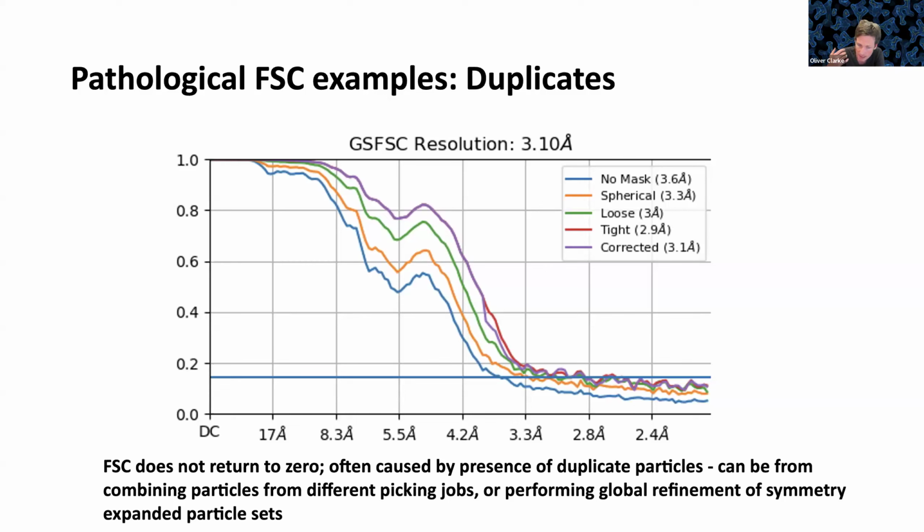Which can be caused by combining particles from different picking jobs or by performing global refinement of symmetry expanded particle sets. The good thing is there's a very easy solution to this, which is just to remove your duplicates, but it's something to be aware of. If you see this, you should go back and remove the duplicates and re-refine.